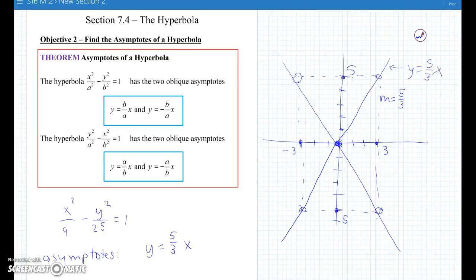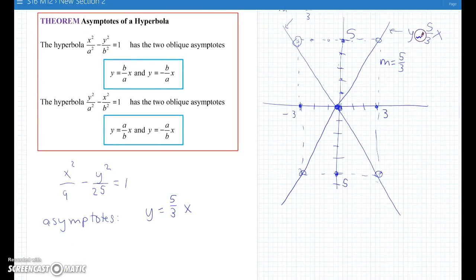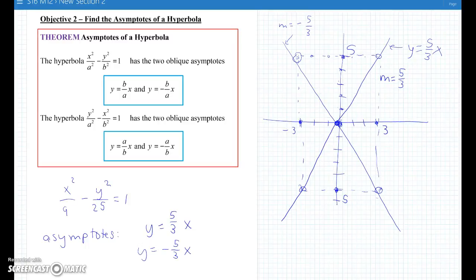But now notice if you look at the other line, it's up 5, backwards 3, so the slope of this line is negative 5/3. So the slopes will always have that relationship to each other. So the other asymptote will be negative 5/3 x. So notice that these are not perpendicular to each other. They're opposites of each other. So positive 5/3 and negative 5/3 are the slopes of the asymptotes.